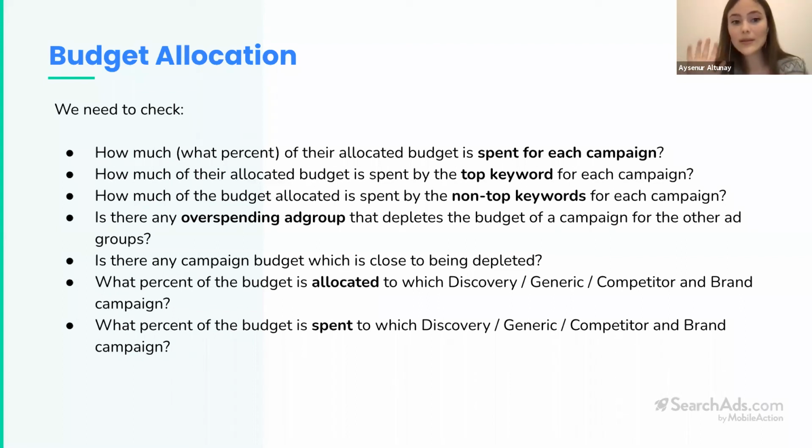In some of the ad groups, there are one or two keywords that are consuming all the budget, and they don't allow the rest of the keywords to spend, hindering the other keywords' spending capabilities. So maybe you should check these top spender keywords under your campaigns and ad groups while allocating your budget. You can maybe choose to increase your budget to allow the rest of the keywords to spend more.